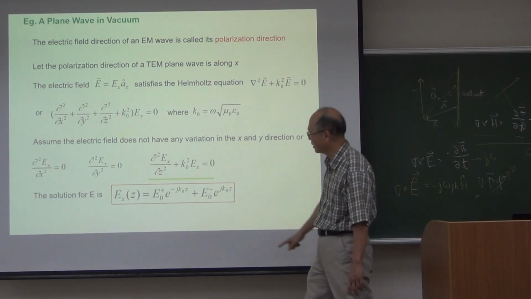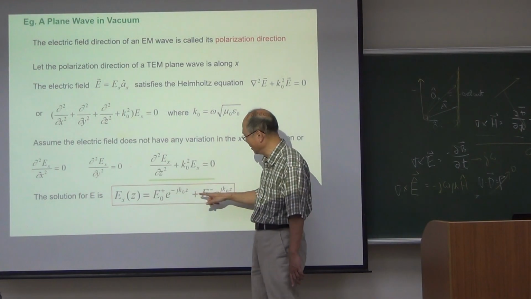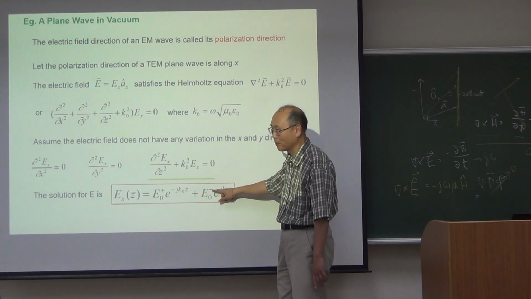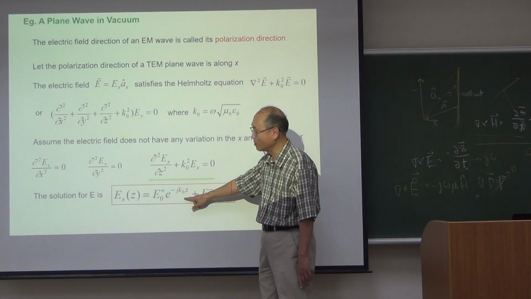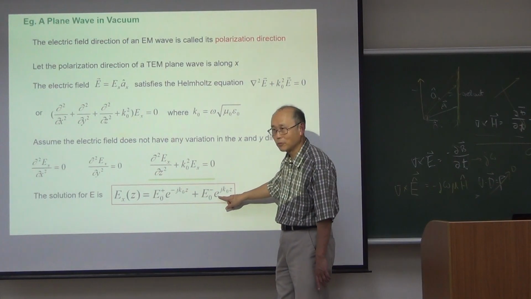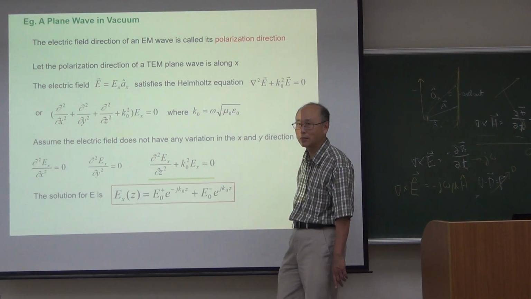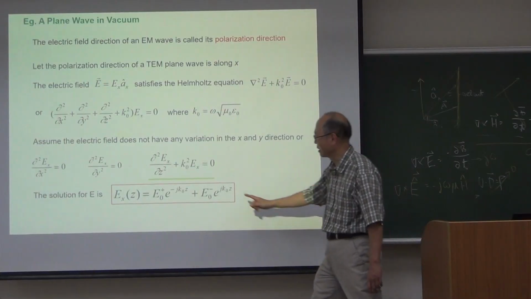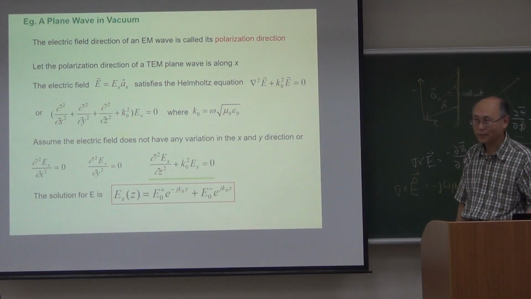Be careful that when I write this negative sign, I put the plus sign here. When I write this plus sign, I put the minus sign here. Because later you're going to see that this represents a wave propagating along the plus z direction. This represents a wave propagating in the minus z direction. Okay, so adopt this convention in my lecture.